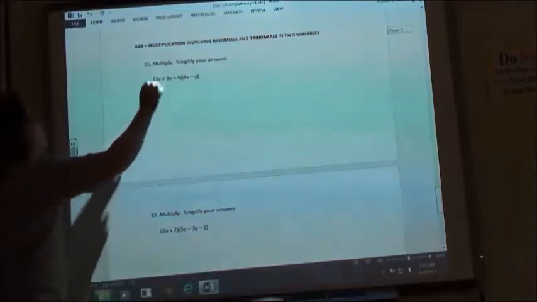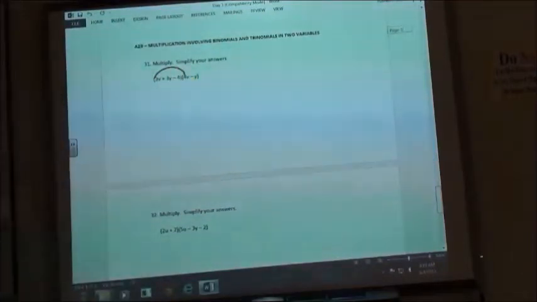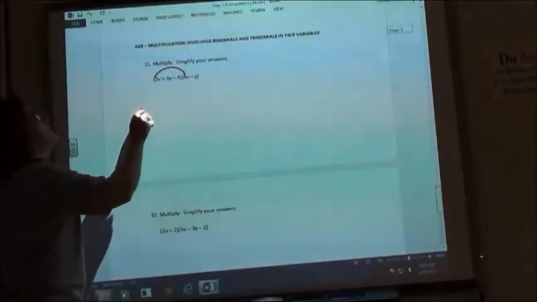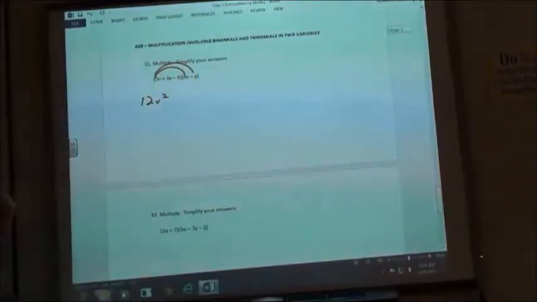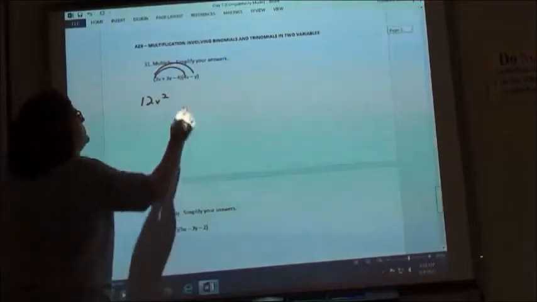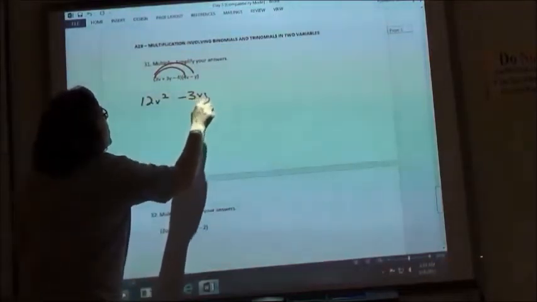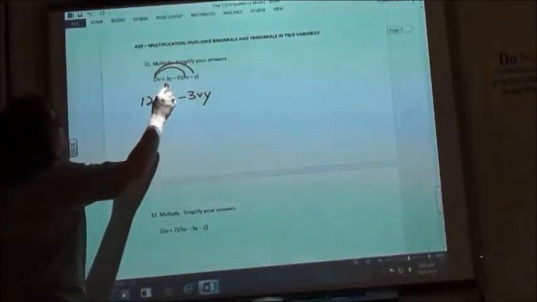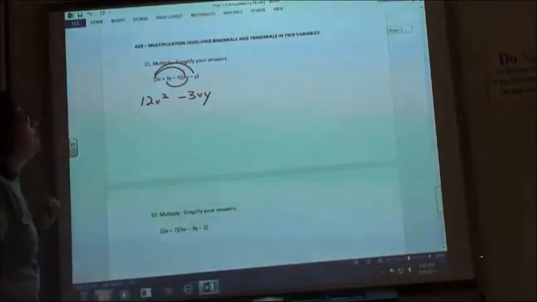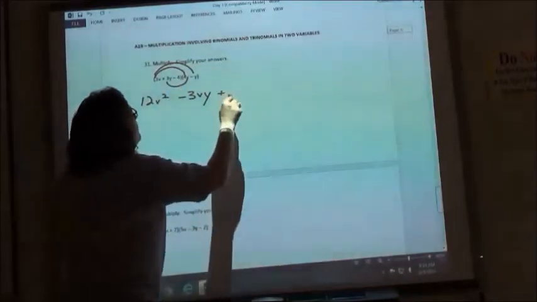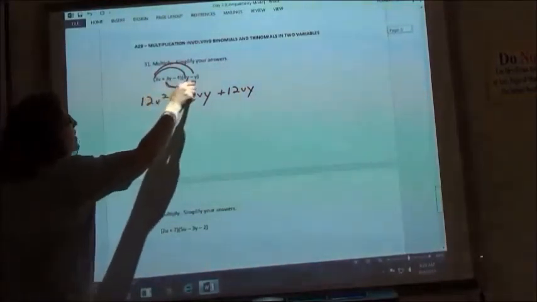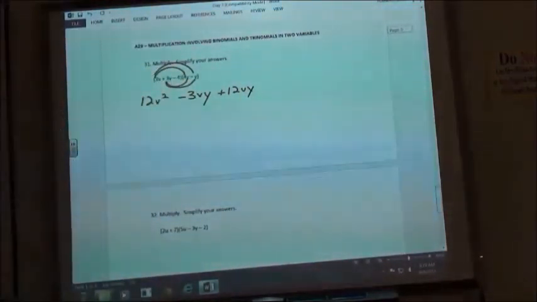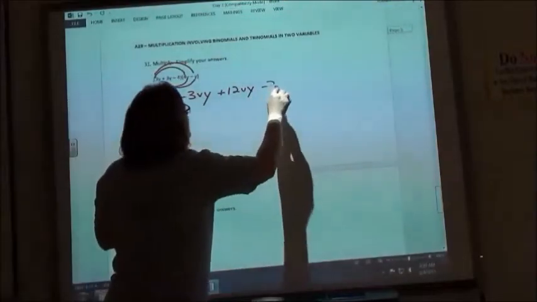And so 3v times 4v would give me 12v squared. 3v times a negative y, negative 3vy. Then we're going to do our middle term, so 3y times 4v, positive 12vy. 3y times a negative y, negative 3y squared.